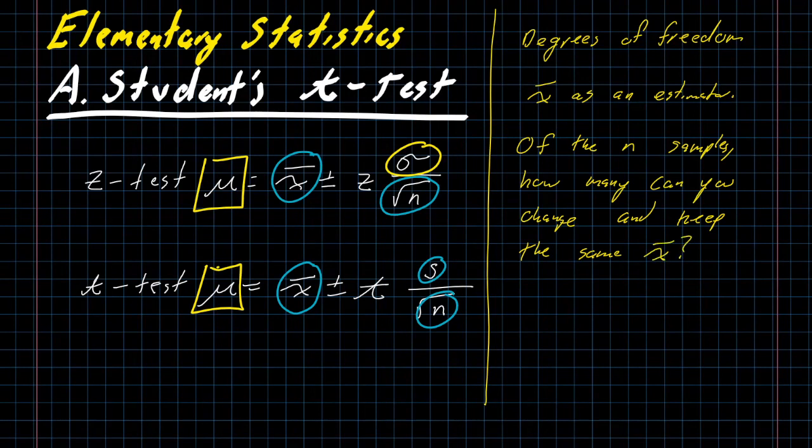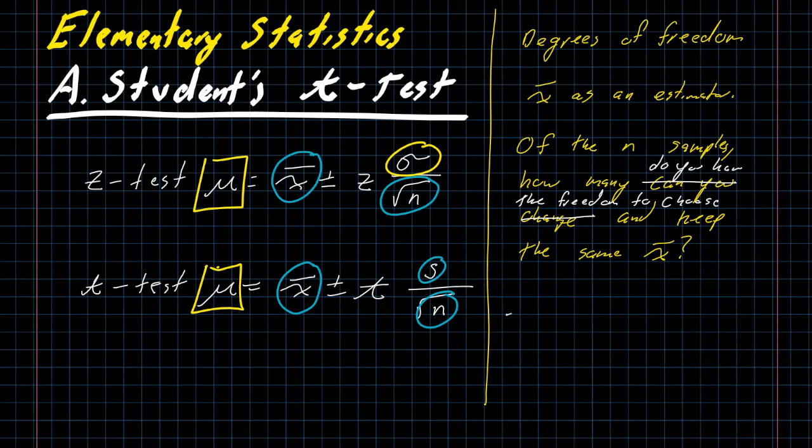The question that degrees of freedom is asking is, of the n samples in your distribution, how many can you change and keep the same value of X bar? Or to put it another way, how many do you have the freedom to choose?